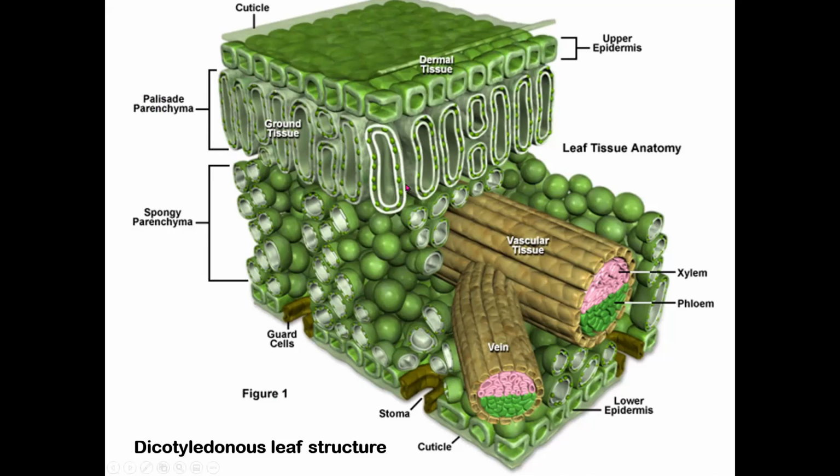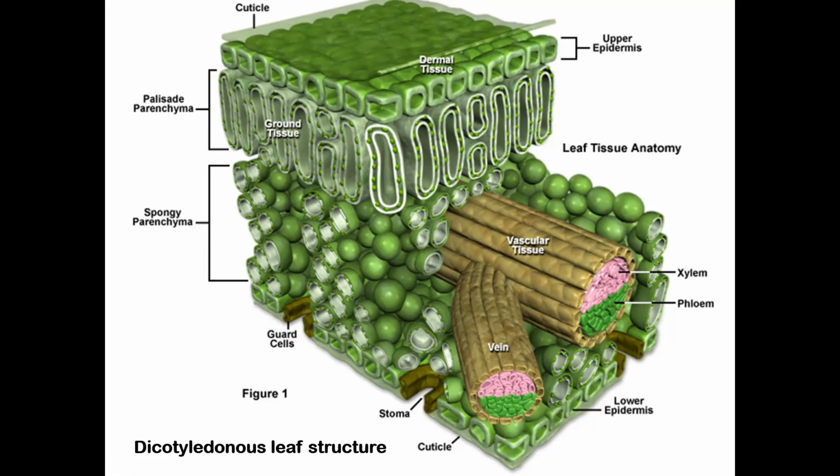So they look like columns. Each green dot is a chloroplast that undergoes photosynthesis. Down the bottom bit is called spongy parenchyma. It used to be called a spongy mesophyll, but the spongy bit comes from the air gaps. You can see here, big air gaps. So here's a stoma, which allows air to move in and out, or carbon dioxide in, oxygen out, and while it's open, the water vapor leaves as well.